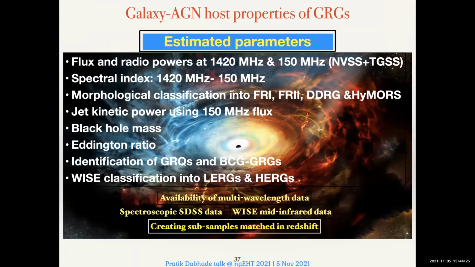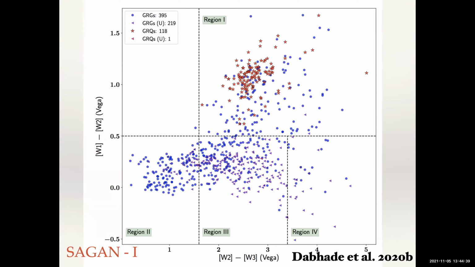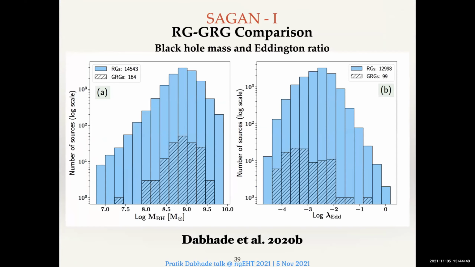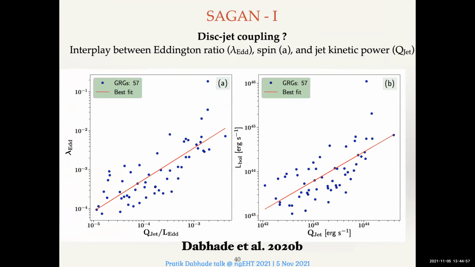Here we have studied their radio as well as AGN properties, like the black hole mass, Eddington ratio, and their accretion mode, using a wide range of SDSS and WISE mid-infrared data. This is the WISE diagnostic, which helped us classify the accretion mode as low excitation or high excitation. You can see the black hole mass distribution of the giant radio galaxies and the normal-sized radio galaxies, and their Eddington ratio, which is more or less the same.